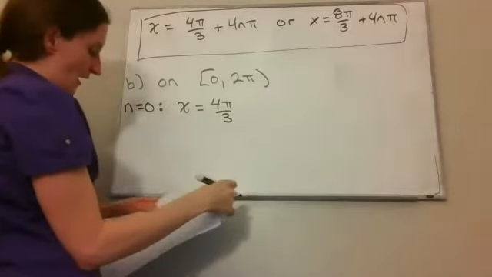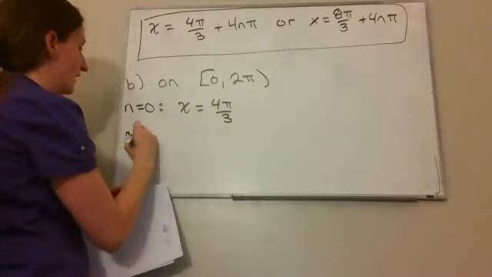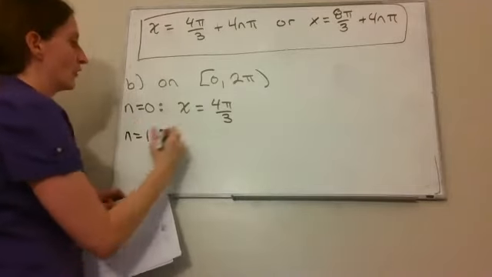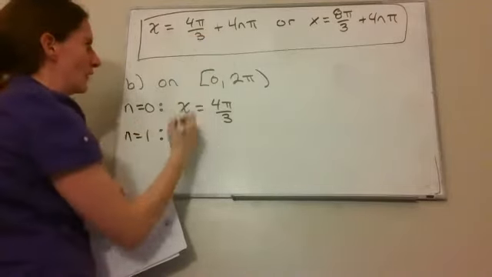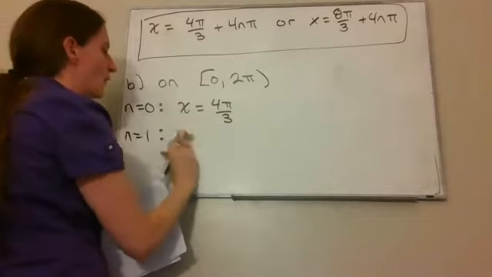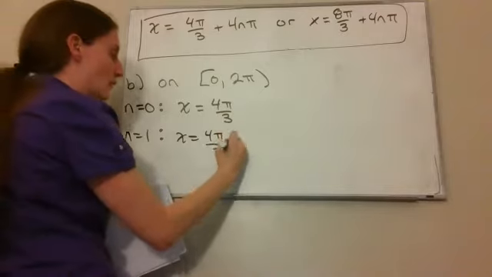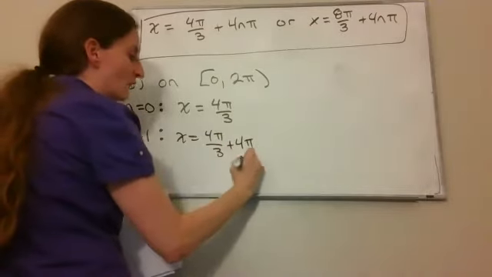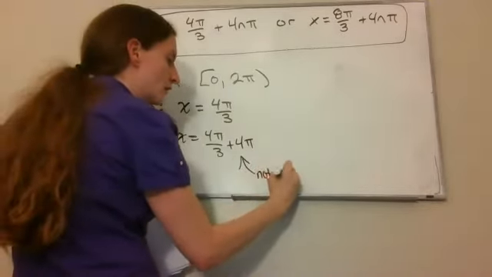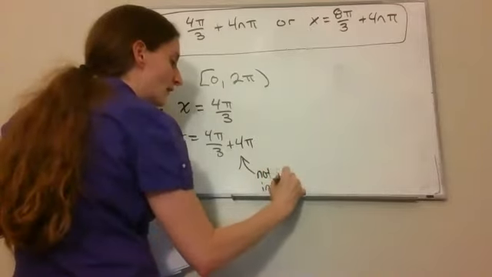And if n is equal to 1 for this answer, I get x is 4 pi over 3 plus 4 pi, but that is too big for my interval. So that's not one of my solutions.